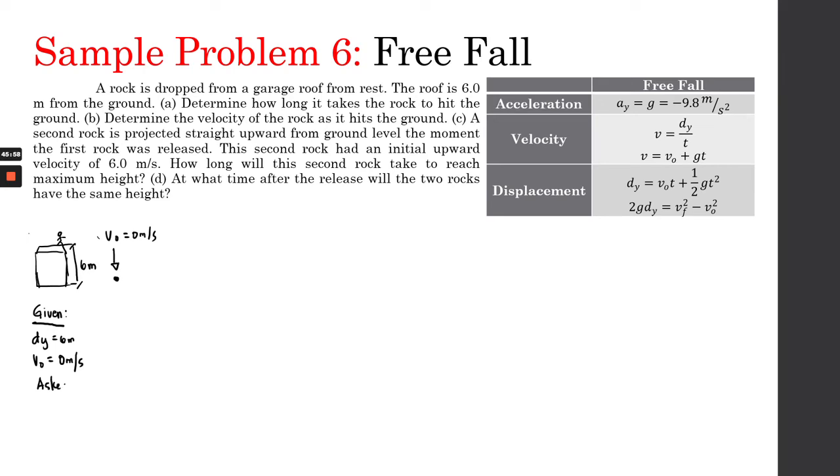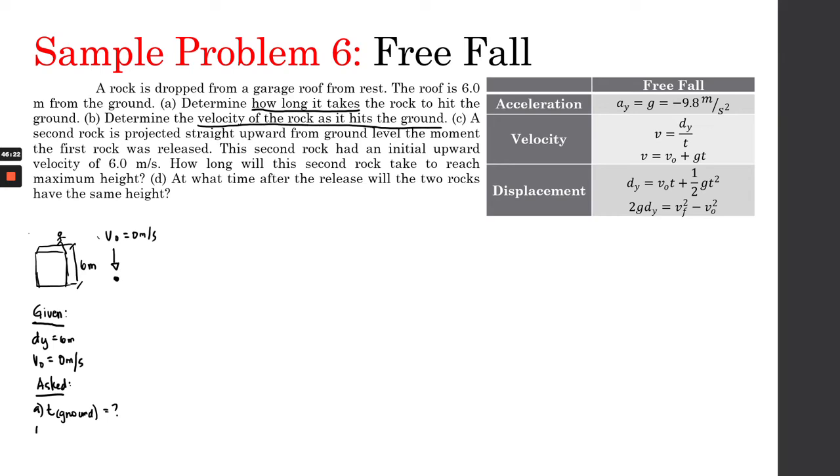So what are they asking us? For the first one, determine how long it takes the rock to hit the ground. So that's asking for time. And then we determine the velocity of the rock as it hits the ground.